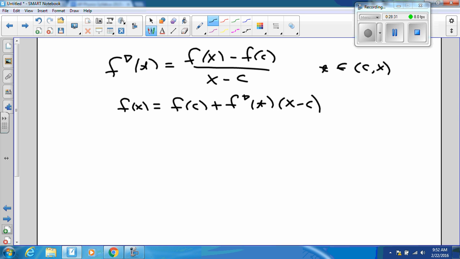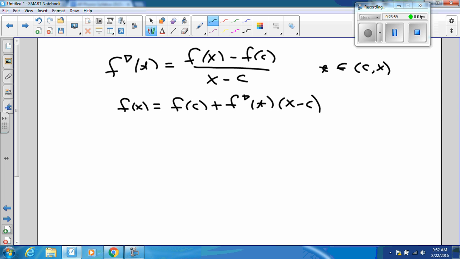I'm just rewriting this. And this looks similar to our tangent line, but it's not quite because of two things. First of all, because the t right here is not taken at the center c, it's somewhere in between. And second, because we have exact equality. What am I saying here? I'm saying that f of x is equal to f of c plus an error term.